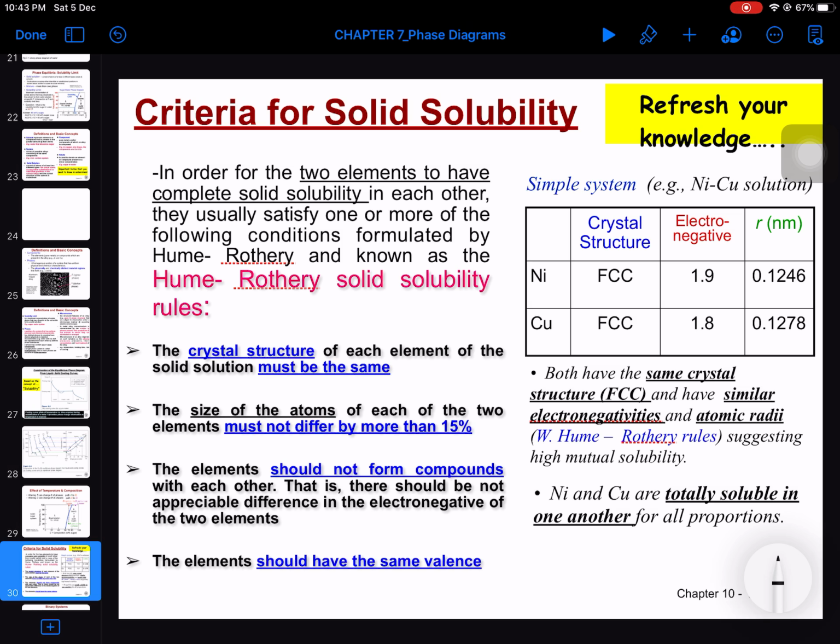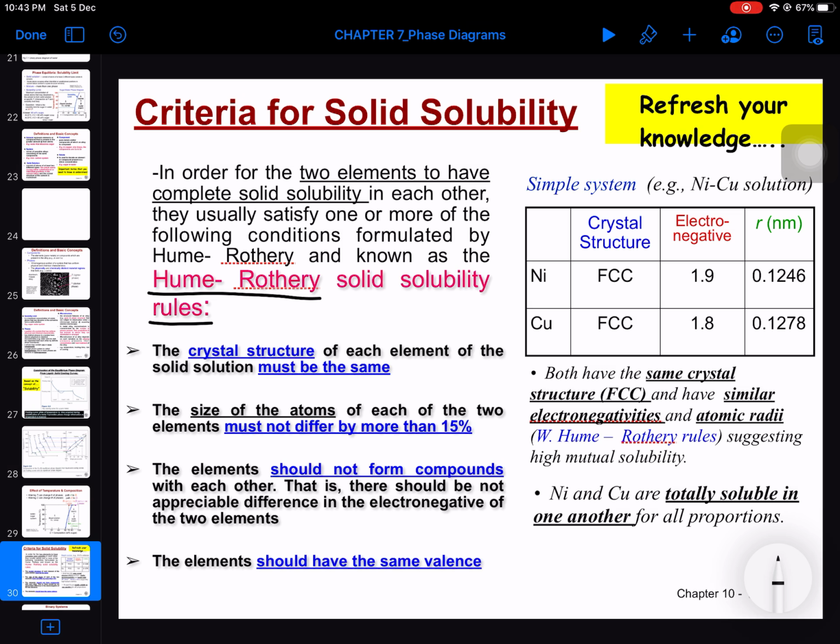For a complete solid solution to occur, it needs to satisfy what we call the Hume-Rothery rules. We already looked at the idea of the Hume-Rothery rules in the previous chapter, so let's recap what the rules are.